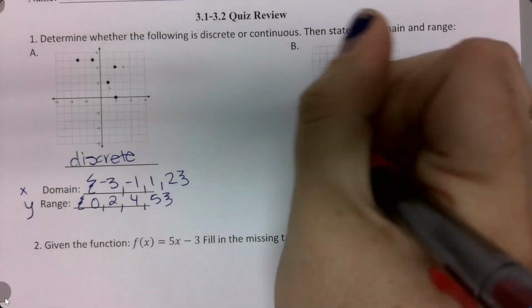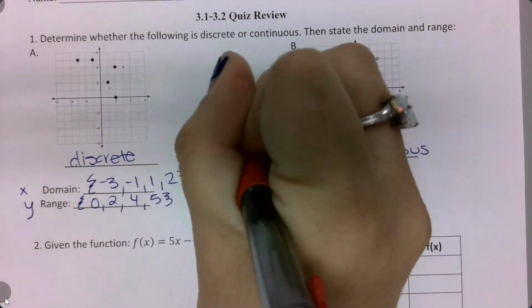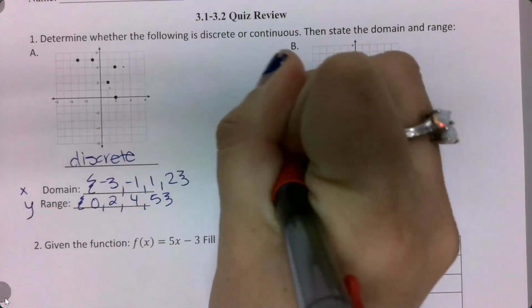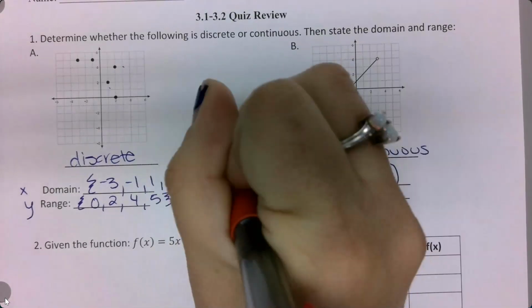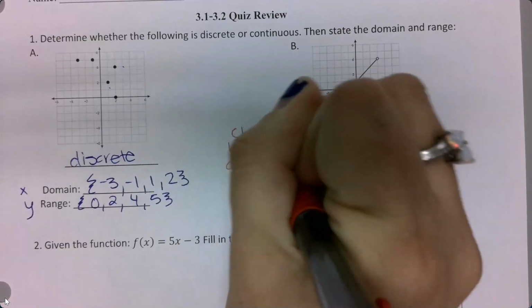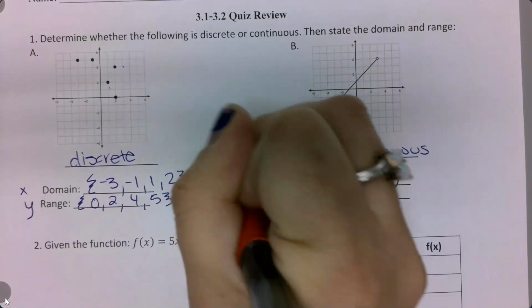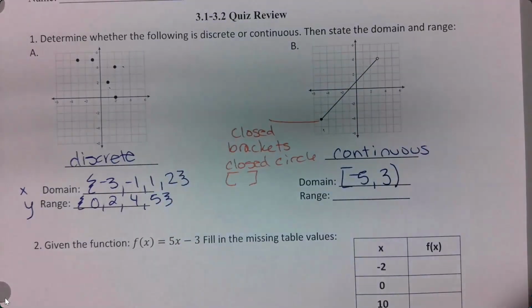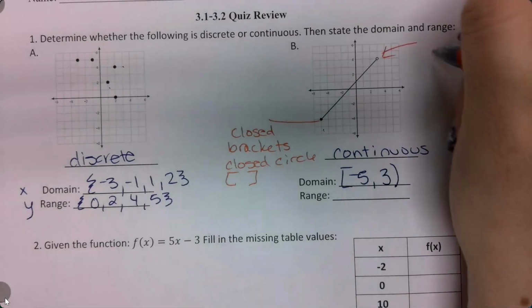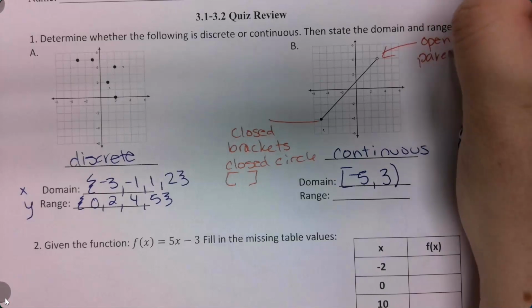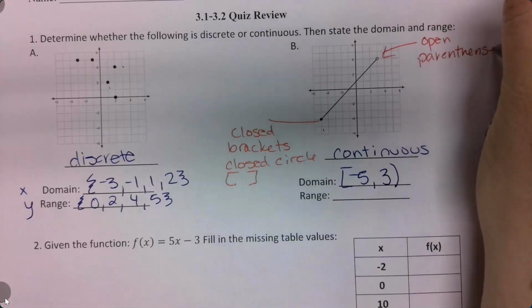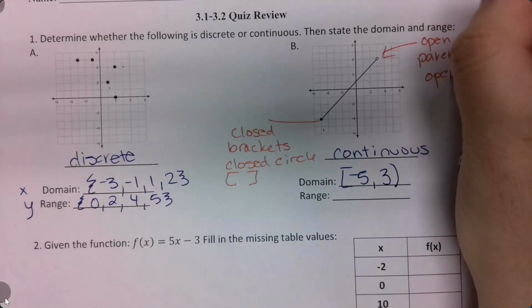So, at this point, I want to use closed brackets because it's a closed circle. And then over here, I want an open parenthesis because it's an open circle.